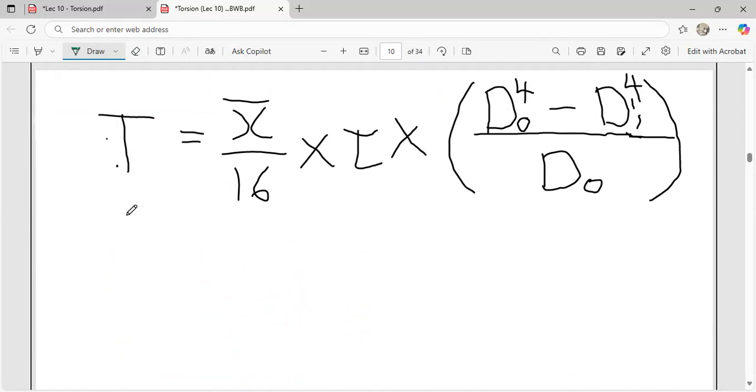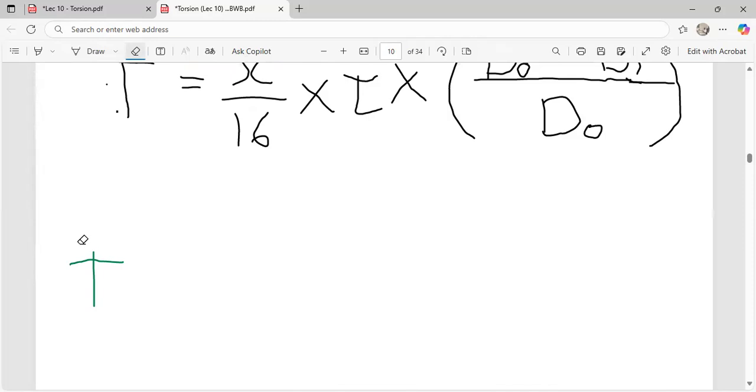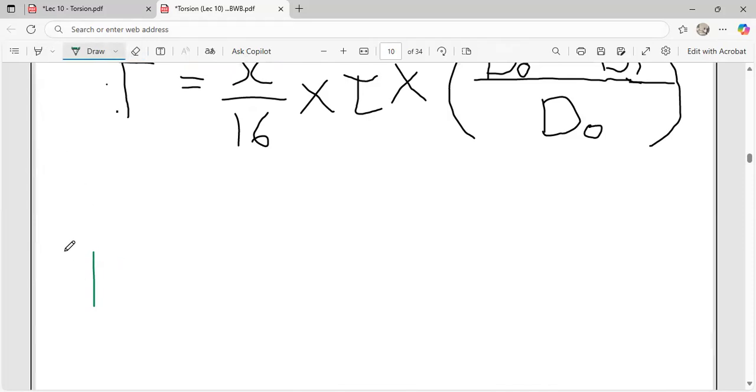So this that we are having over here is the same as this. Take note. This relation you are seeing at the top is the same as this. Don't get confused. They are all the same thing.